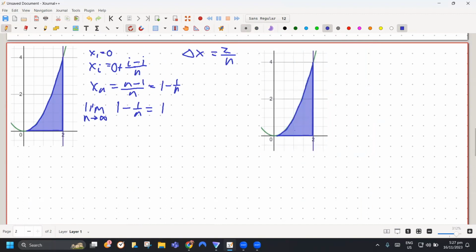Tapos, i-mark mo yung ano. So, x1 is going to be 1. X2 is equal to, hindi, tama, x1 and then x2 yan. X0 is, hindi, tama yan. X1 is going to be 0. Ay, mali pa. Yan. So, x2 is going to be 1. So, mukhang gumagana pa yan, di ba?